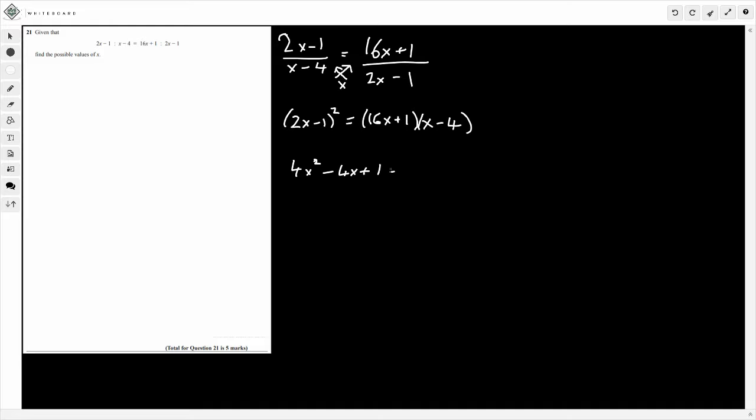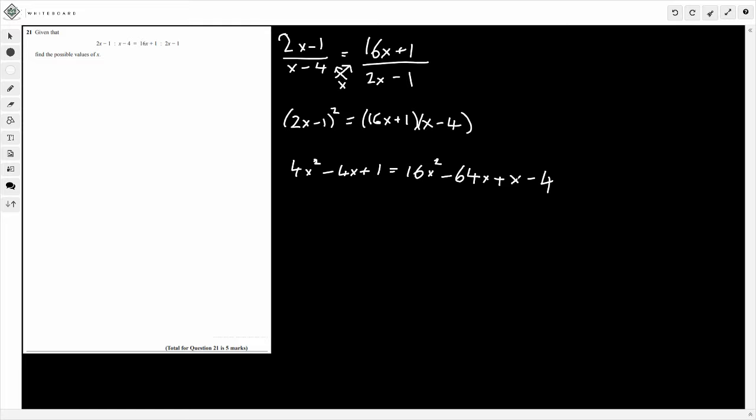The right hand side is 16x times x, 16x squared. Then 16x times minus 4 is minus 64x, then 1 times x is plus x, and 1 times minus 4 gives me minus 4 in the end.